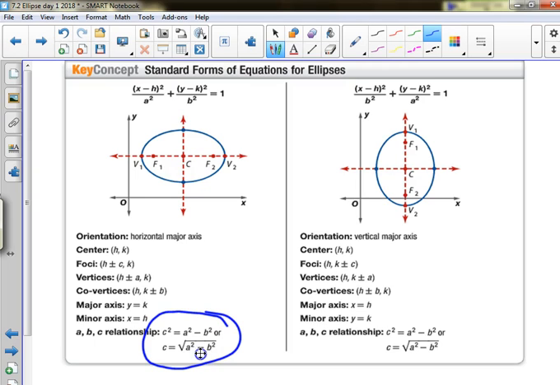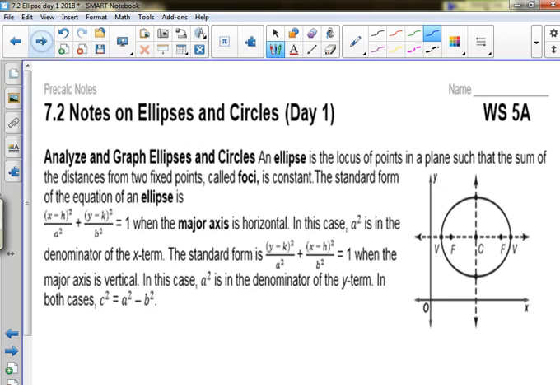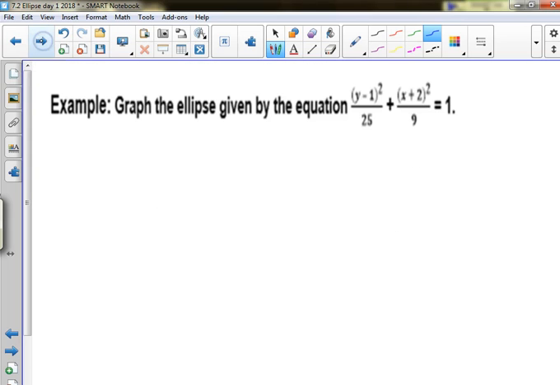That's related to Pythagorean theorem, but it's not Pythagorean theorem, right? Because it's not a squared plus b squared. This is how I keep it straight. When it's a plus here, it's a minus here. When we do hyperbolas later, they're going to have a minus up here and a plus down here. Okay, it's the opposite. So rather than spend time looking at this crazy slide, let's try some of these, okay?